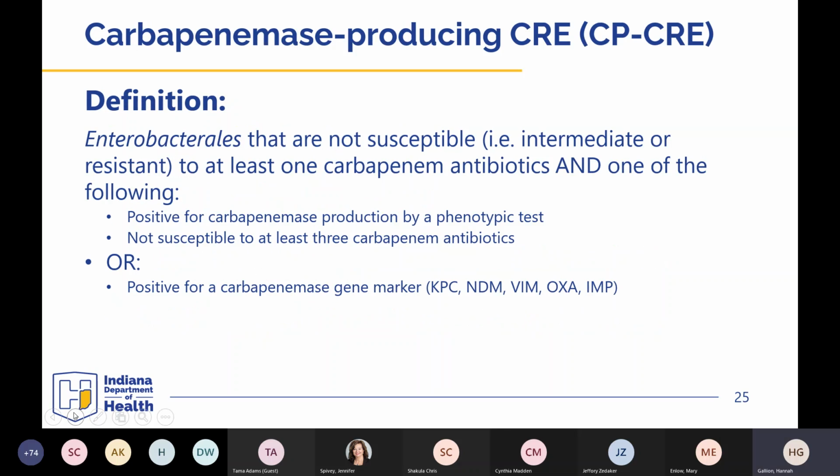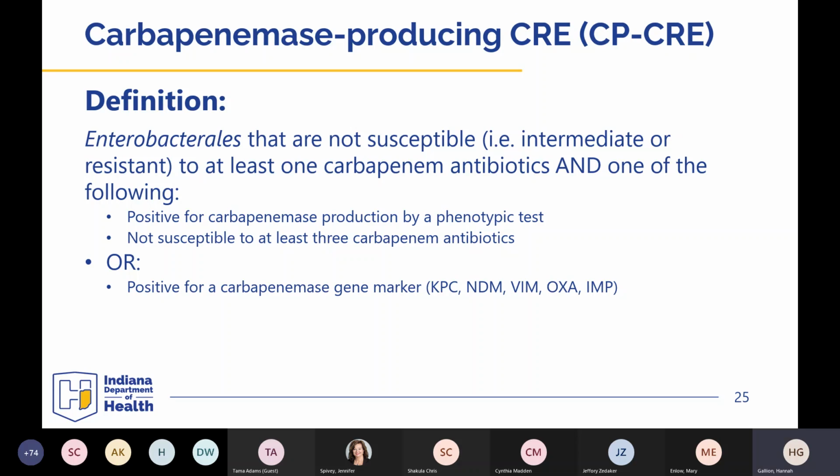As I stated earlier, carbapenemase production is currently the most concerning resistant mechanism for CRE. If a CRE produces a carbapenemase enzyme, we refer to it as a CpCRE. In the United States, approximately 30% of CRE carry a carbapenemase.